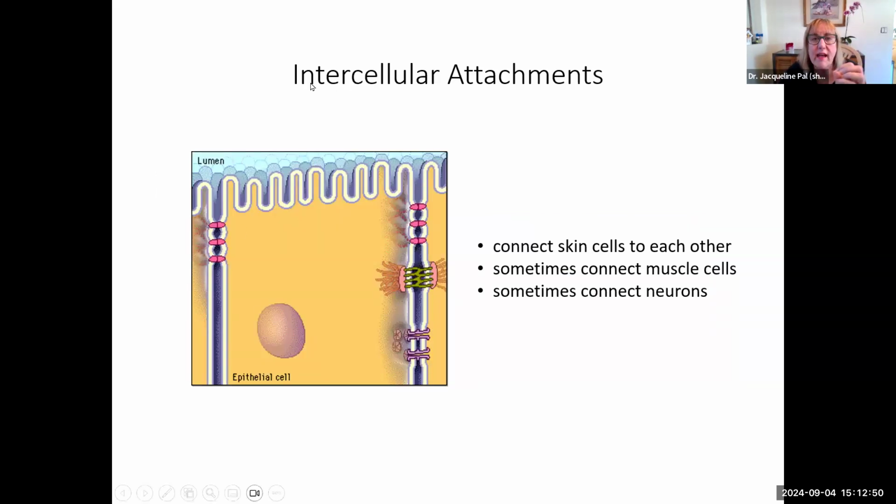And cells are held together by intercellular attachments. So we have that prefix intra, I-N-T-R-A, meaning inside, and extra, meaning outside. This is inter, I-N-T-E-R. Inter means between. So intercellular means it's between cells. So yeah, technically it's extracellular, but it's more specific.